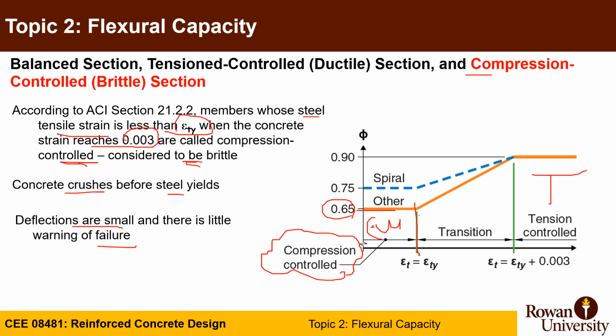Between the two, between epsilon T equal epsilon yield and epsilon T equal epsilon yield plus 0.003, you are in the transition zone where your phi value will be by interpolation.